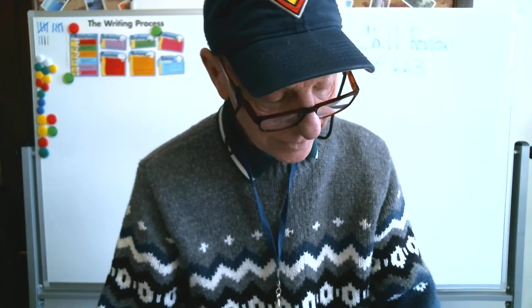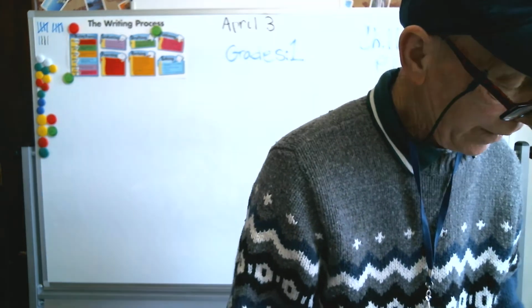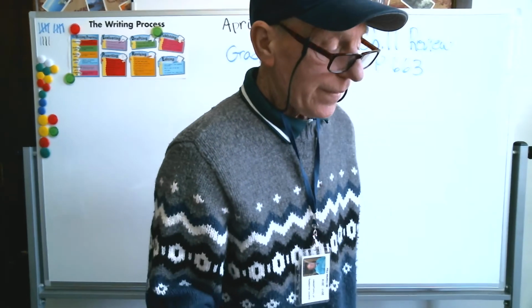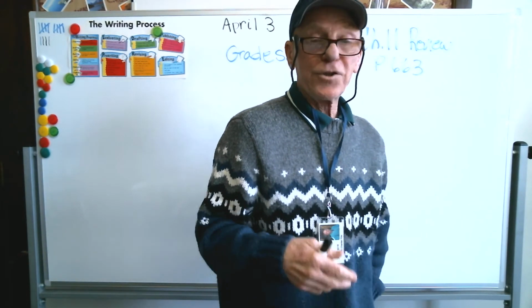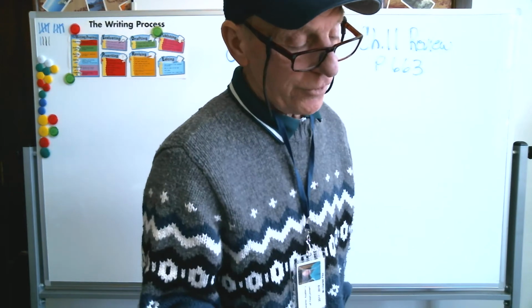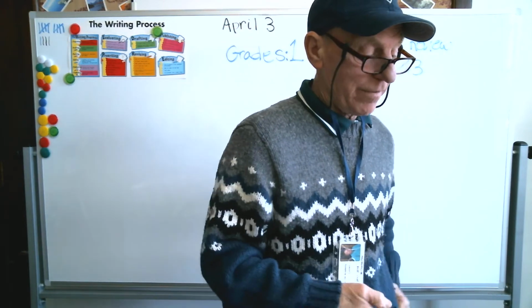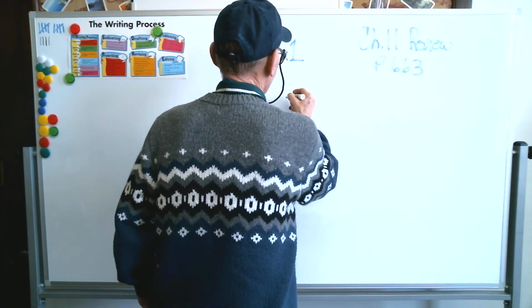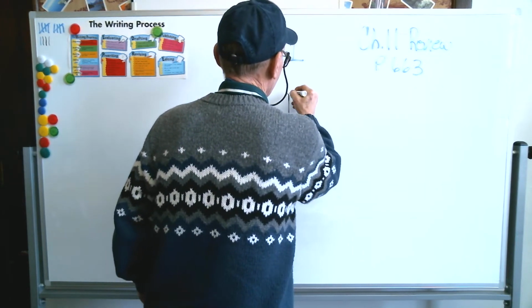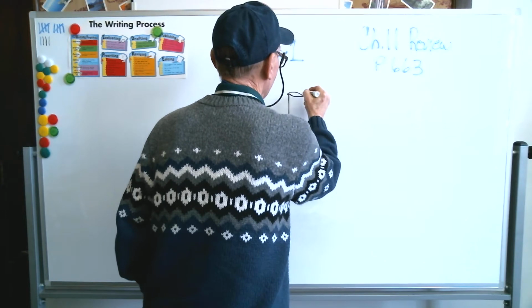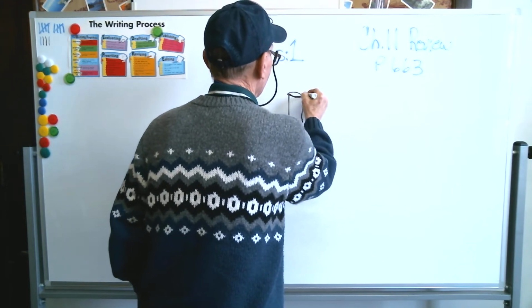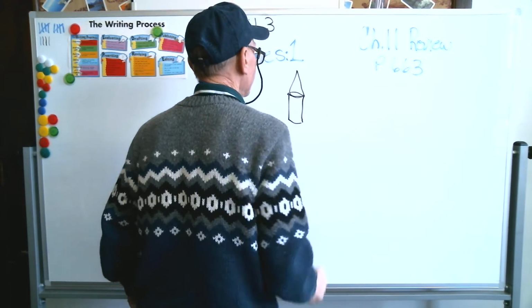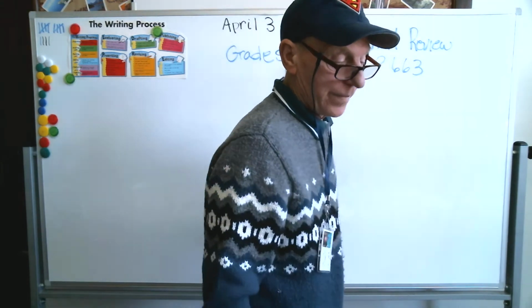Let's go to page 664. Now, it's showing you some shapes here. It's showing you a cylinder with a cone on top of it.